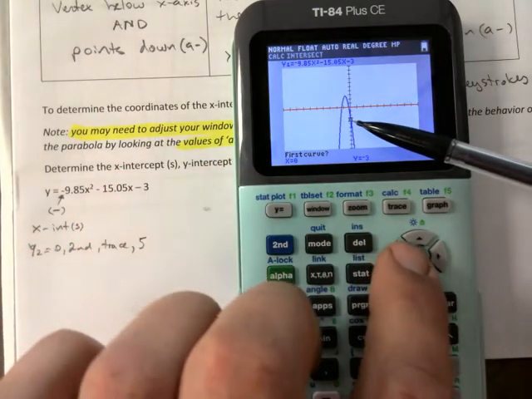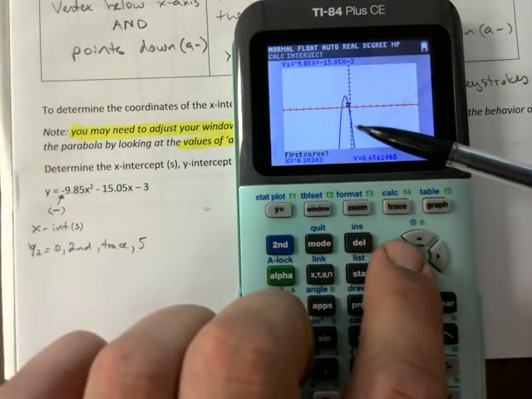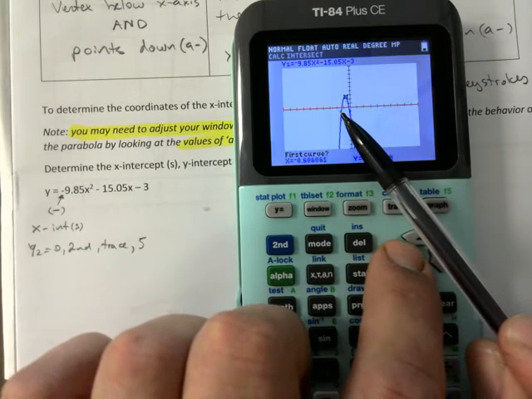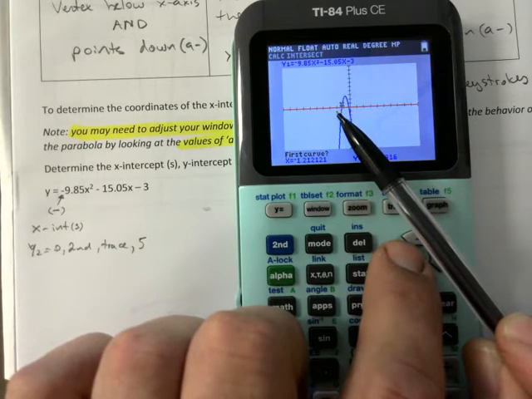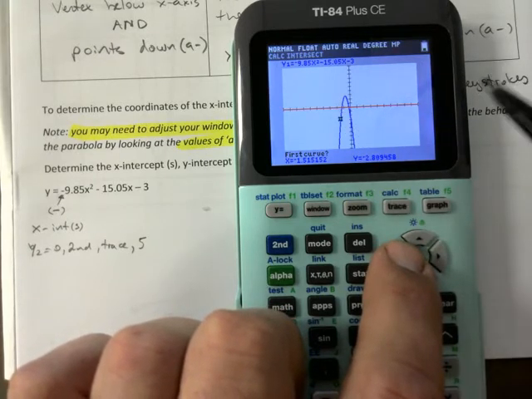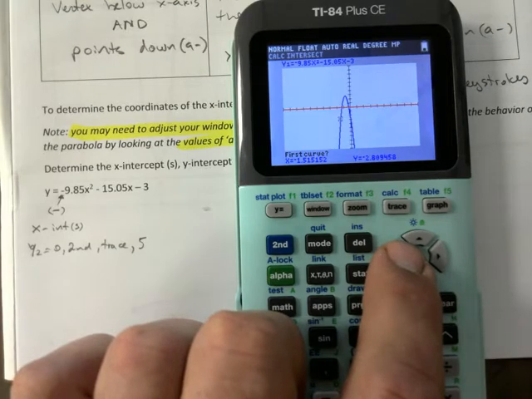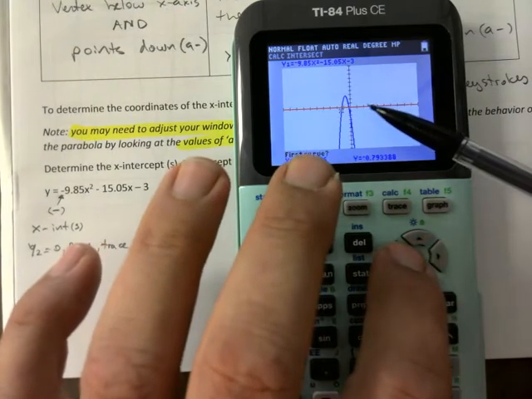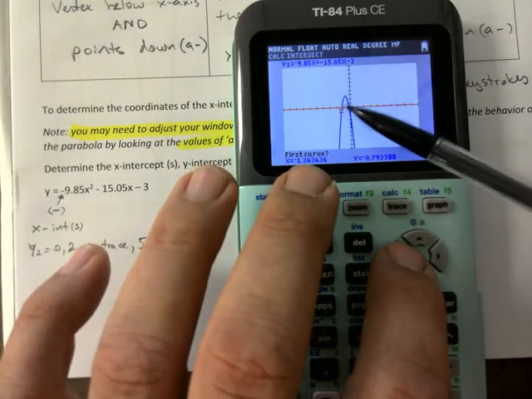So what you do is you go side arrow. Let's say we want to find that first x-intercept right there. So I'm going to go left arrow as close as possible to it. You don't have to be right on it. Even if you go past it like that, it's still close enough. So anywhere in there, go arrow left or right, whatever you need to do to be close to that x-intercept.